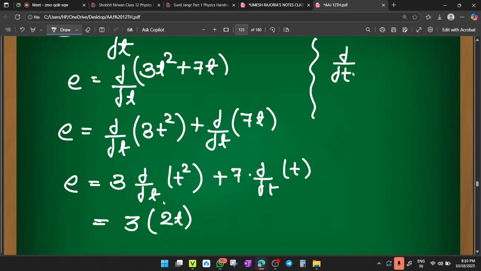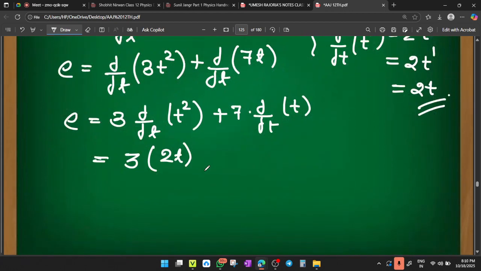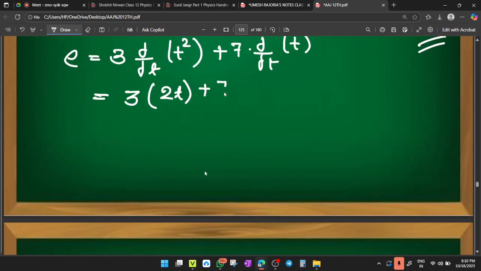The formula for differentiation: d by dt of t to the power n equals n t to the power n minus 1. So check here for t to the power 2. What is n here? 2, t to the power 2 minus 1. So it will become 2t to the power 1, that I can write as 2t. Right? So I have written here 2t plus 7 and differentiation of t with respect to t, dt and dt get cancelled out. It will produce 1.